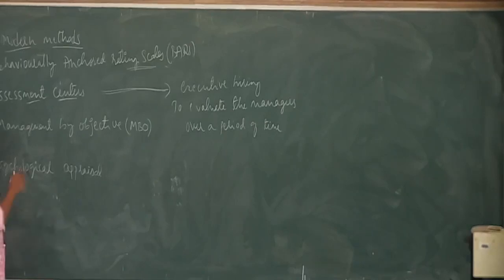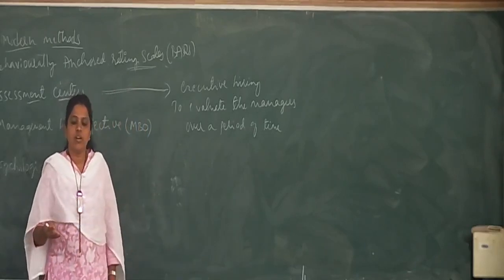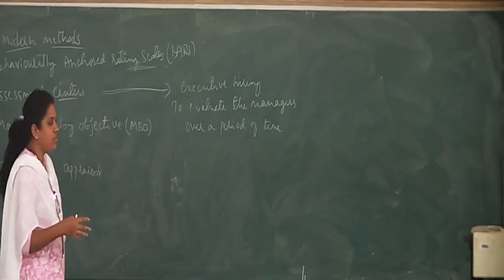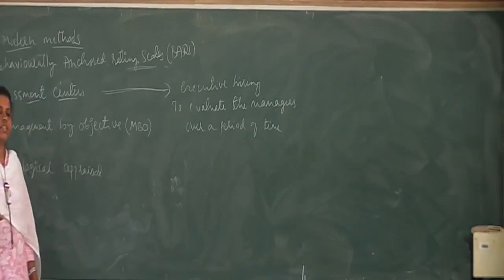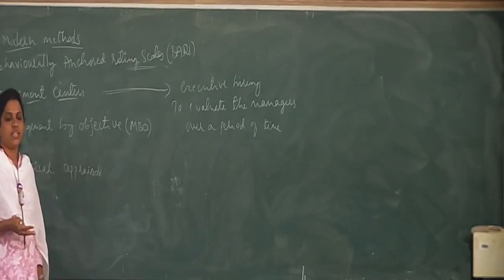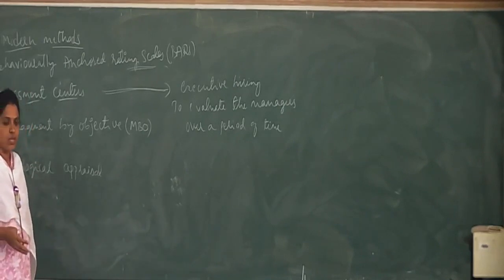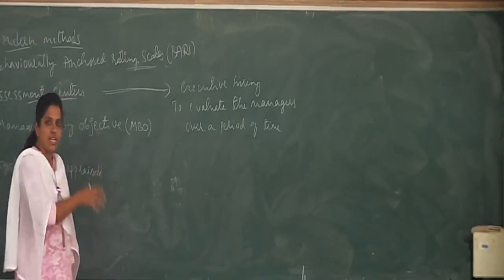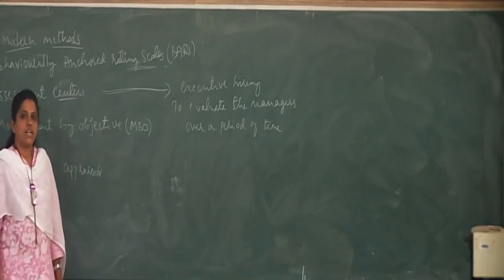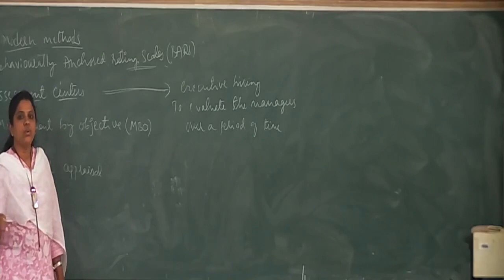The managers or the executives are asked to perform a set of predetermined activities, like your managerial games, such as the in-basket activity, role playing, or computer simulation. So the managers or executives are asked to go through those activities, and the raters will be observing them and, based on their performance, they are going to evaluate them.